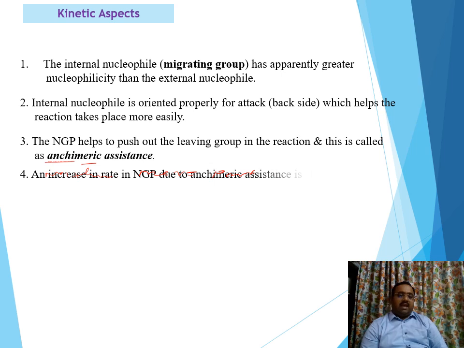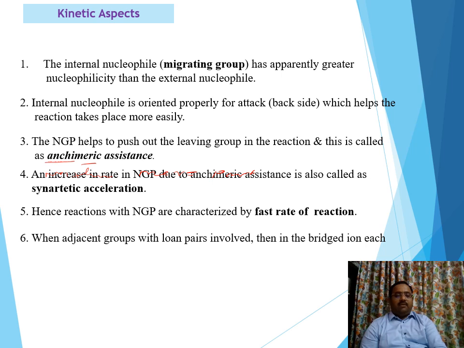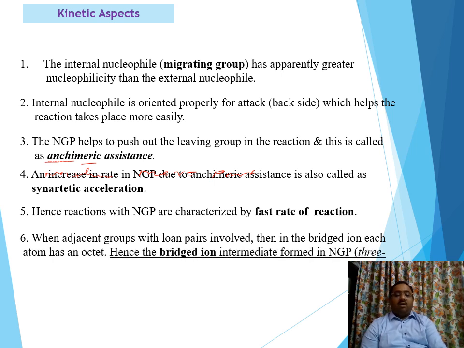Okay, next, because of this anchimeric assistance, the rate of the reaction in NGP increases, and due to this assistance the reaction accelerates, which is called synartetic acceleration. Hence, reactions with NGP are characterized by a fast rate of reaction, and when the adjacent group with lone pairs is involved, then in the bridged ion each atom has an octet.